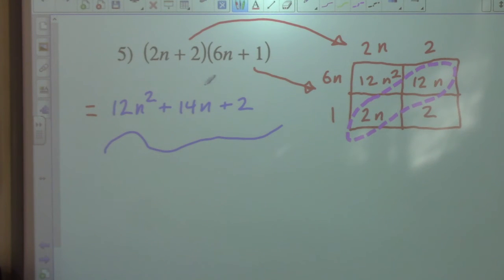So anyway, sometimes there's another technique that some of you might see that's called this: First, Outside, Inside, Last. Has anybody ever seen this before? Yeah, Tyler's seen it before. I don't like this method as well, because this is kind of a special case.